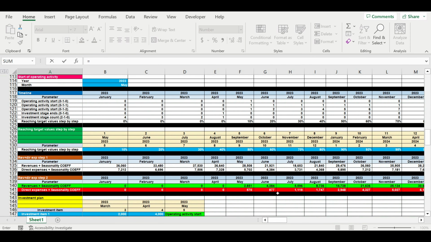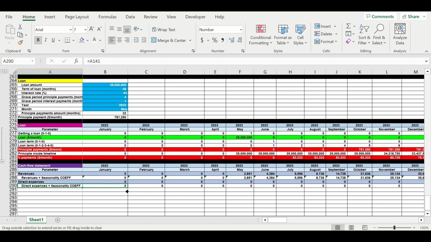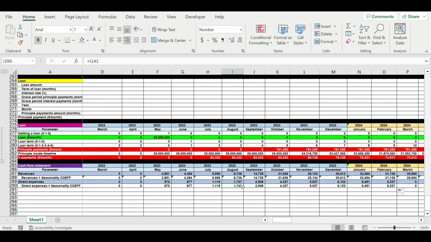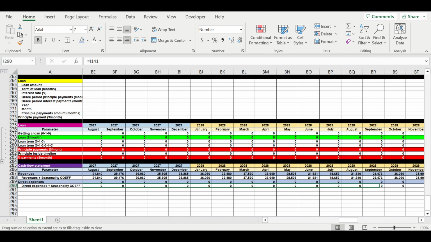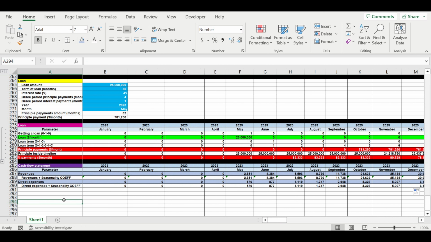This is the red line, it will go to the cash flow statement. Next step, we will add the payroll.